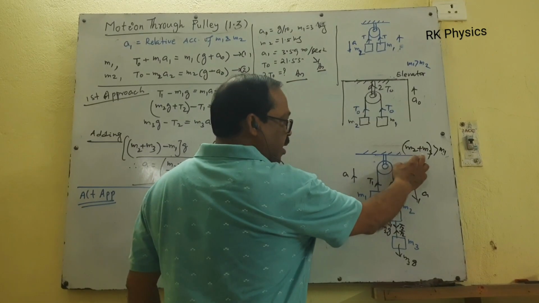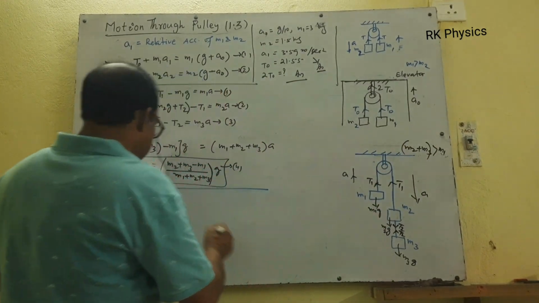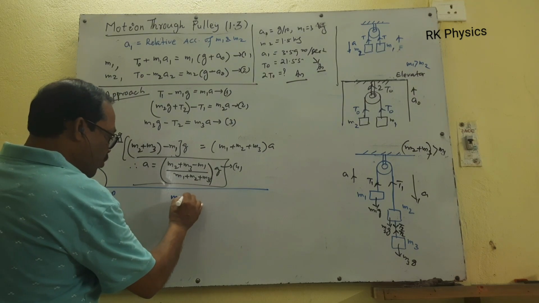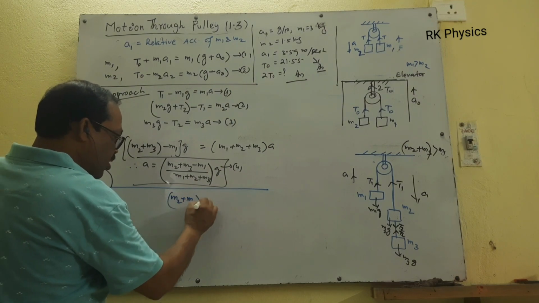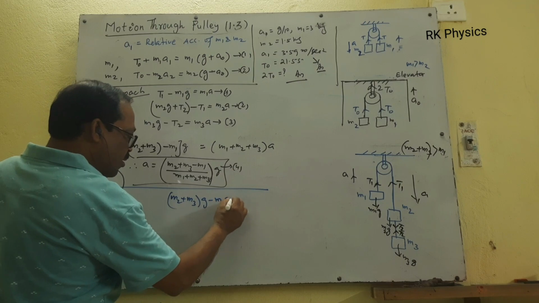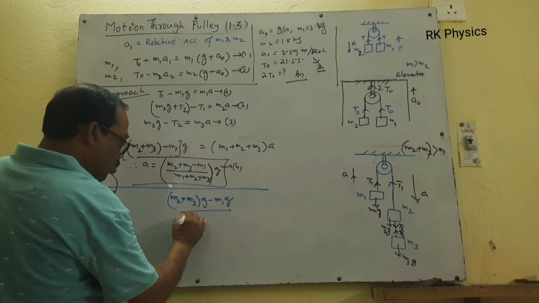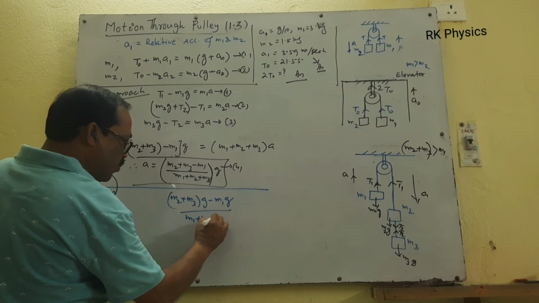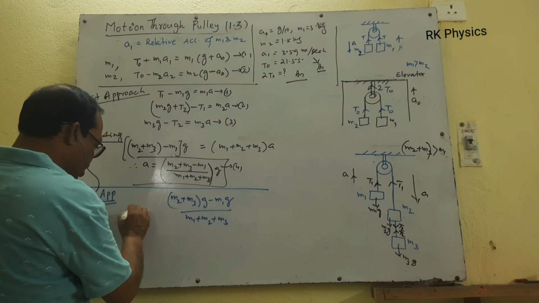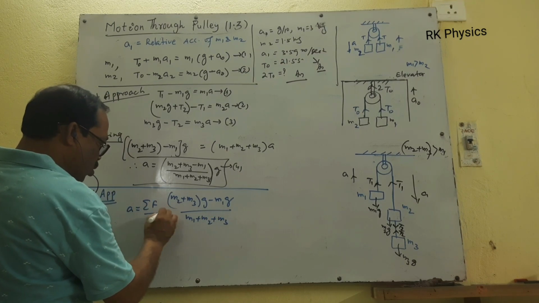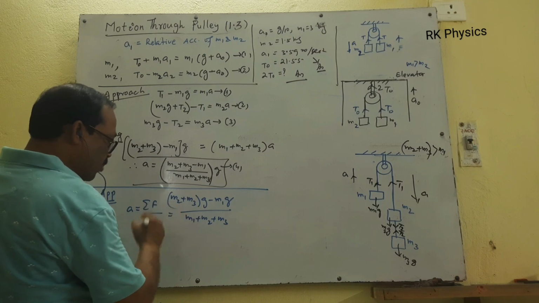But M2 plus M3 is larger. Therefore, you write (M2 plus M3) into g minus M1g, divided by the total mass of the system, M1 plus M2 plus M3. So this is nothing but the resultant force divided by the total mass of the system.